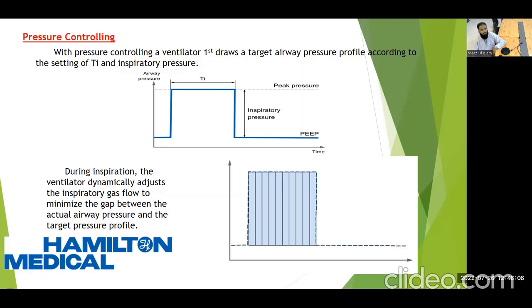Yes, during inspiration, the flow can be varied. It can be 60 liters per minute, it can be 70 liters per minute, or the tidal volume also varies. It can be 300 ml, or it can be 400, it can be 500. So in pressure control ventilation, the flow and the volume will vary every time.